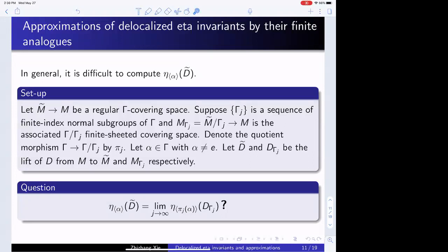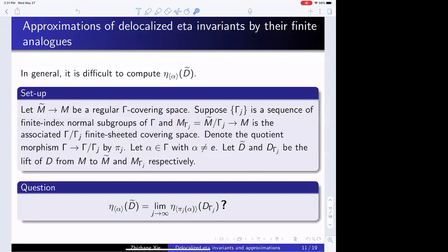I have a regular gamma covering space of M. Now suppose gamma_j is a sequence of finite index normal subgroups of gamma, and I denote by M_{gamma_j} the associated finite sheeted covering space. It's just M tilde modulo this normal subgroup.